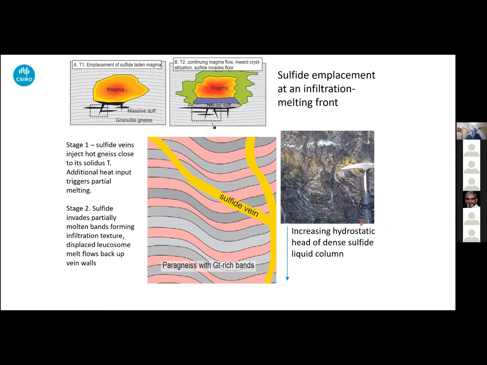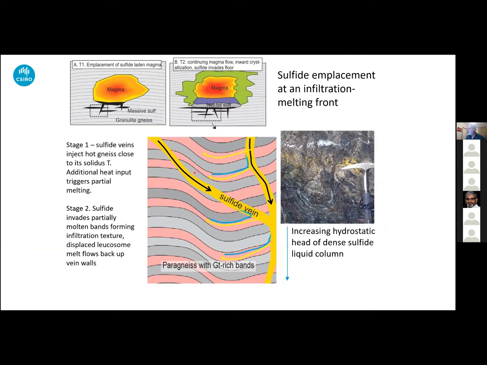This is in a paper we published in Economic Geology, 2020. Emplacement of sulfide-laden magma: the country rocks underneath are extending to accommodate the geometry. We get fractures opening up. Sulfide starts to penetrate into the cracks. As that sulfide starts to penetrate into the cracks, these country rocks are already close to their melting point, so they start to melt.